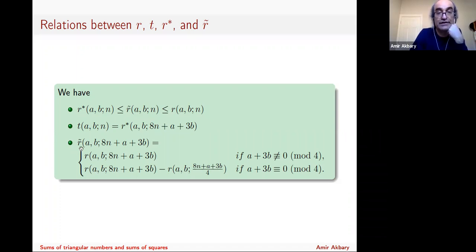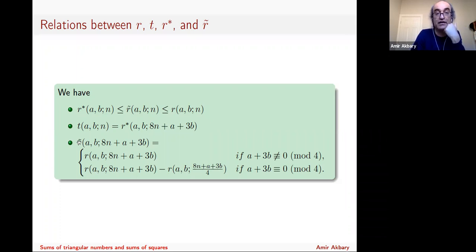And for R tilde, we have 2 possibilities. If a plus 3b is not congruent to 0 mod 4, if 4 doesn't divide a plus 3b, then 8n plus a plus 3b is not going to be even, it's going to be odd. And so for sure, in any representation, one of the components is going to be odd.